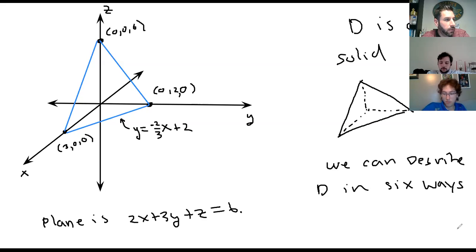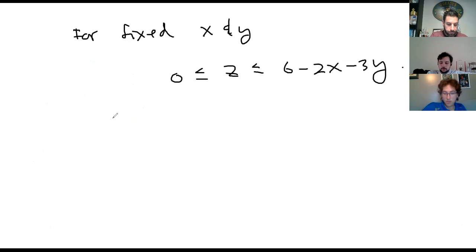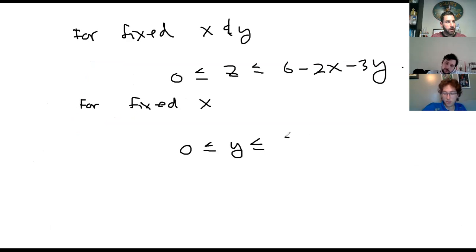Okay, so what does that mean then? Well, that means, for fixed x, what is y's range? Well, y ranges between this and negative 2/3 x plus 2.